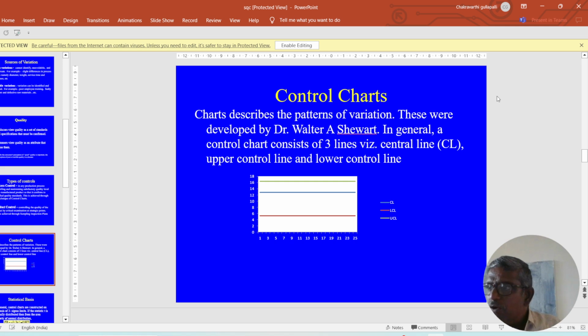The quality of a product will be decided up to a certain level, and it cannot fall below a certain limit. If it falls, the consumers face a loss or a risk. So we have to put two standards, one for producers and another for consumers, and these two are balanced by one control line. So any control chart consists of these three lines.